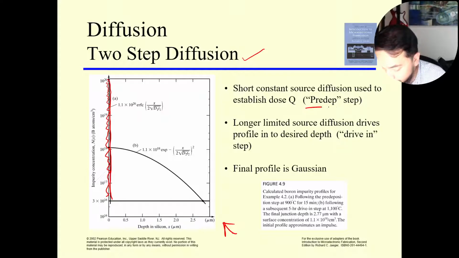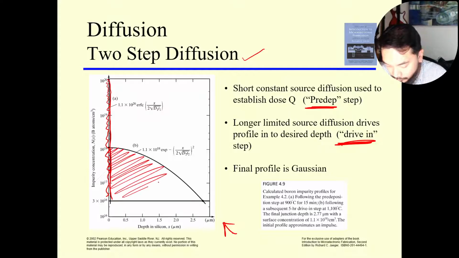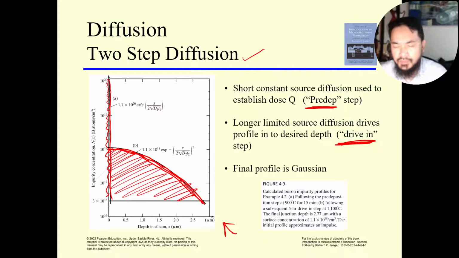So the first step is the pre-deposition. The second step is the drive-in. So the drive-in is when you use the total dosage to drive it inside to create your desired profile of your well. And as you know, with the limited source diffusion, the surface concentration of impurity atoms will drop as time goes on, as you drive in.